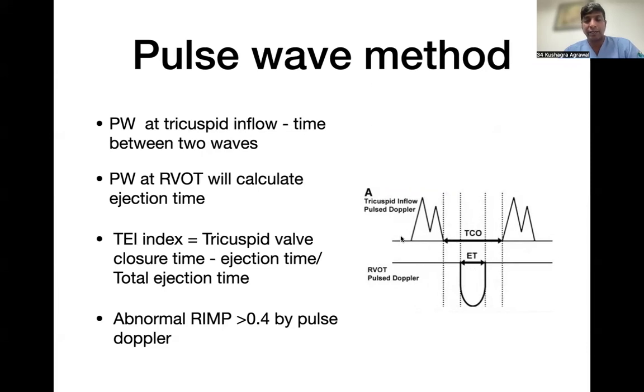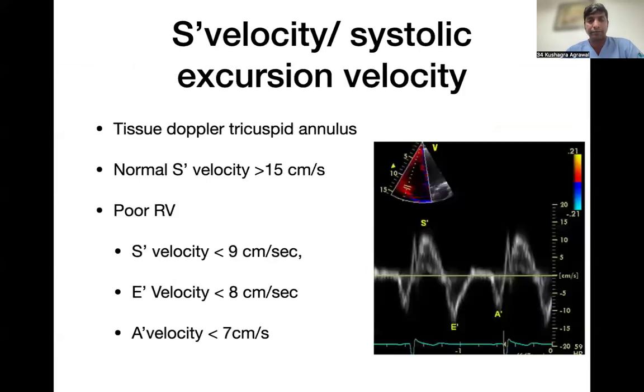When we place the pulse wave through the tricuspid valve, the time between the two positive waves is the tricuspid closure time. So T score is tricuspid valve closure time minus ejection time divided by ejection time. An abnormal T score is more than 0.4 by pulse wave Doppler.